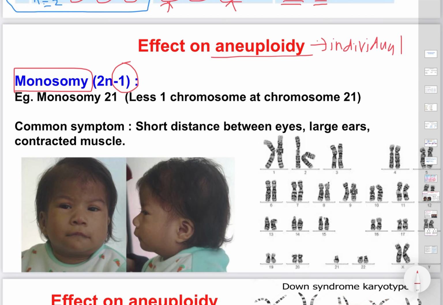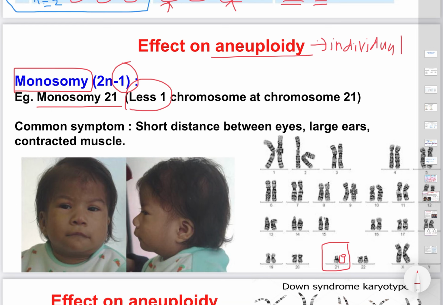As example, keadaan monosomi iaitu dia kurang satu kromosom. Contoh dia, penyakit dia adalah monosomi 21 where it has less 1 chromosome at chromosome 21. Okay, so kita tengok di sini dia ada kurang satu kromosom. Sepatutnya dia ada satu lagi kromatid di sini.